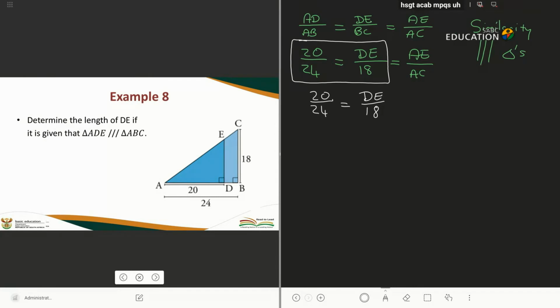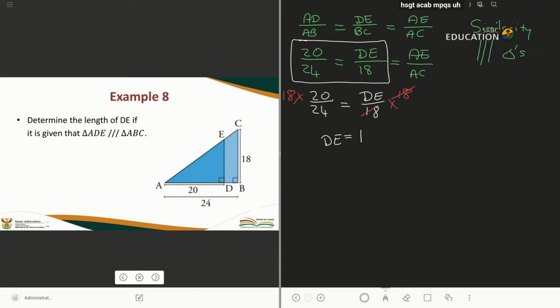So I need to calculate the value for DE. I need to get rid of my denominator, so I multiply by 18. I multiply by 18. So therefore I know that will simplify. So I will get a value for DE as, and again, I take my calculator, I say 20 divided by 24 multiplied by 18.